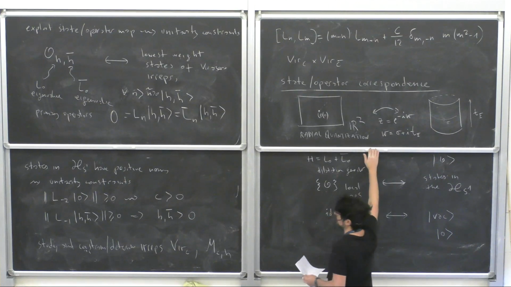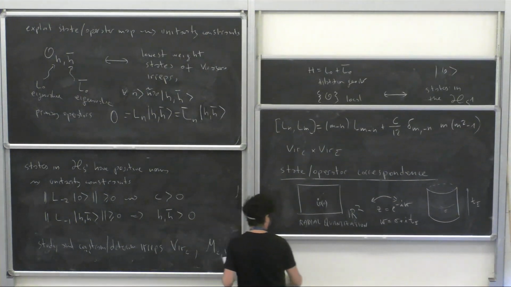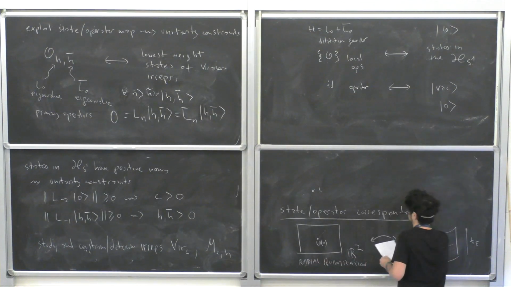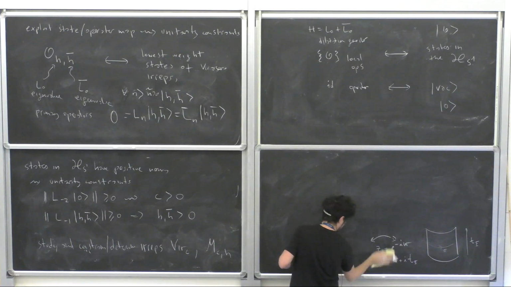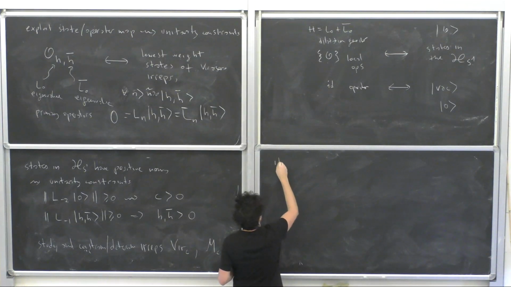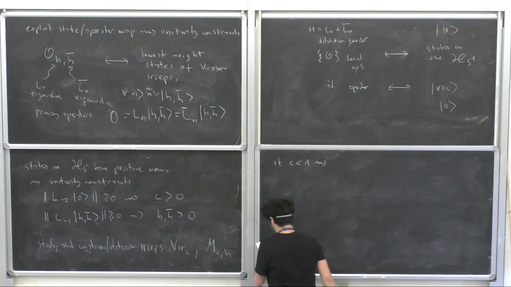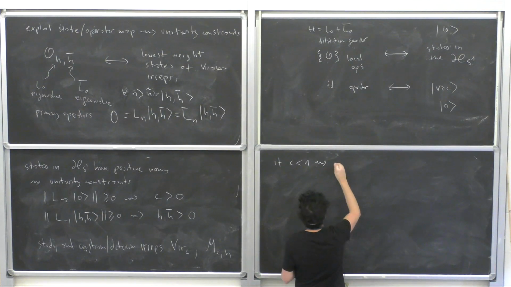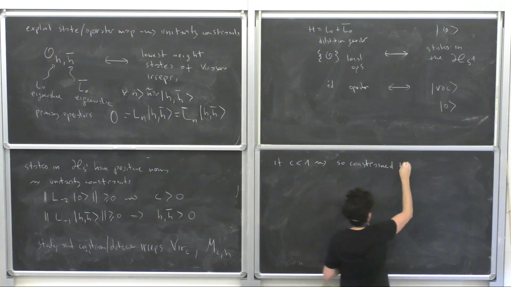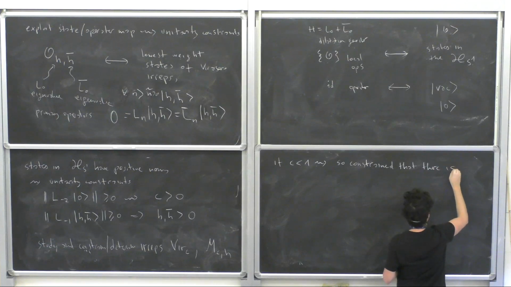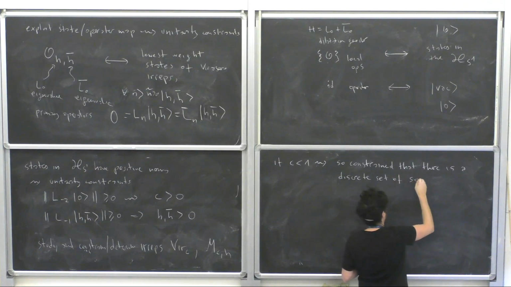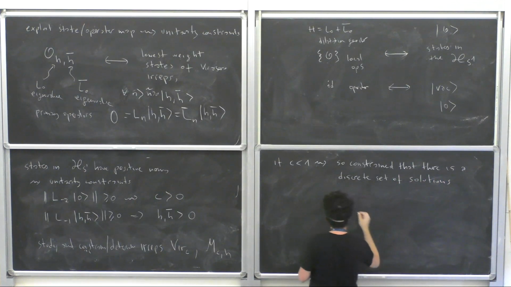Now, in particular, if the central charge is less than 1, there are so many constraints that there is a discrete set of solutions, which are the so-called minimal models.